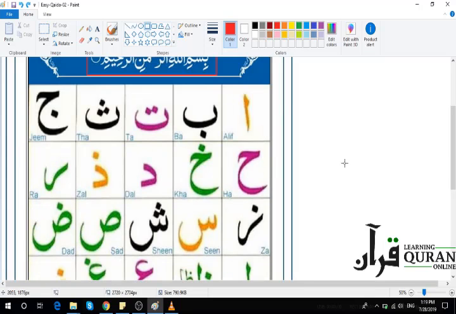So these are the letters' names which we learned today, and inshallah I will post another video with the sounds of the letters, because all the letters you learned in this lesson also have sounds.